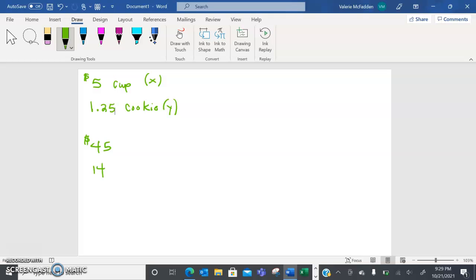So an equation that would relate to the money would be 5x, because every cupcake costs $5, plus 1.25y, because every cookie costs $1.25, and she has $45 to spend. So she could spend less than or equal to $45. Okay, so that's one of our equations.